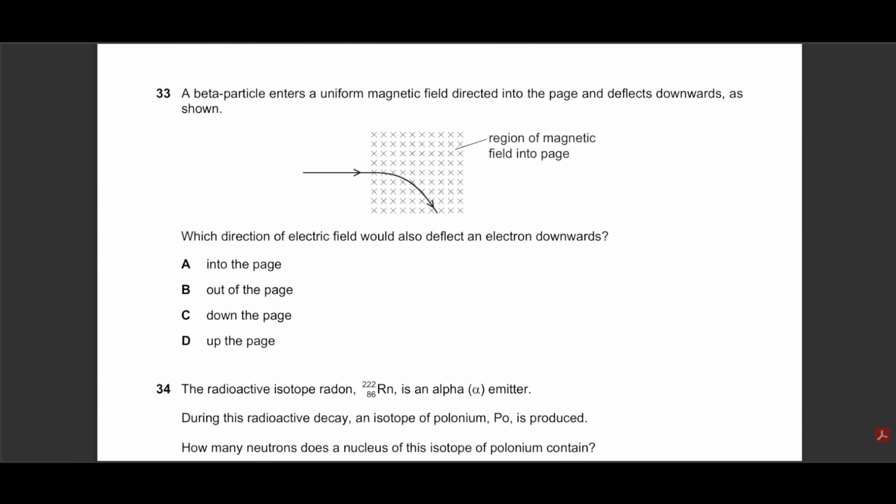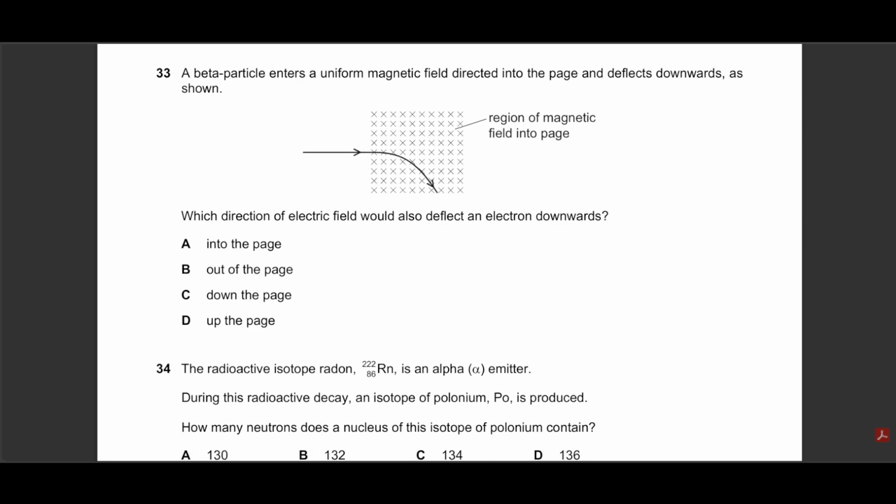Question number 33. A beta particle enters a uniform magnetic field directed. Okay, fine. So if you want to go through with this question, you need to realize we can use Fleming's left-hand rule as an instinct, but this question probably isn't about that. So which direction does the electric field have to be so that the electrons would also deflect downward?